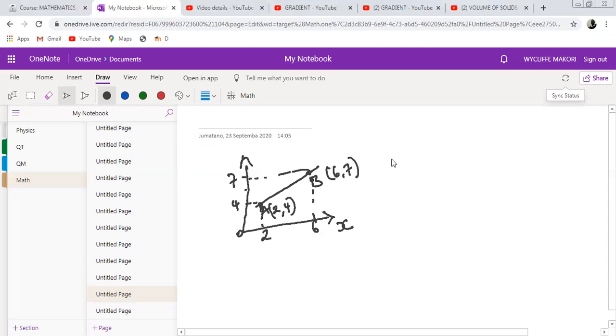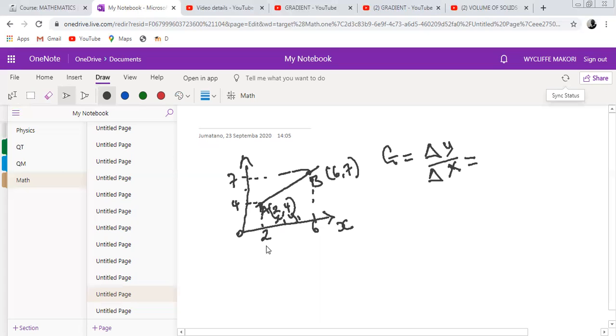Therefore, gradient is calculated as change in y over change in x. When we talk about change, we simply mean that we subtract the y coordinates. Remember, this is the same as x1, y1. 2 is our x1, 4 is our y1.